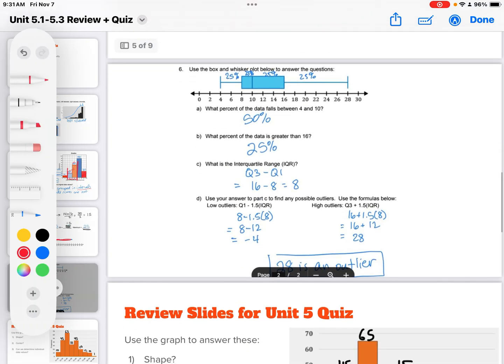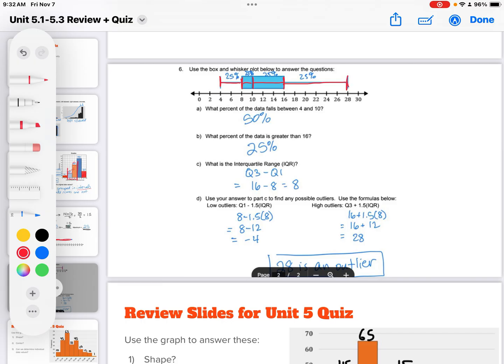All right, and then you are going to be asked to use a box and whisker plot to answer some questions. So remember, one of the key features about a box and whisker plot is that each of these sections here represents 25% of the data, okay? So each of these 4 sections is going to be a quarter of the data.